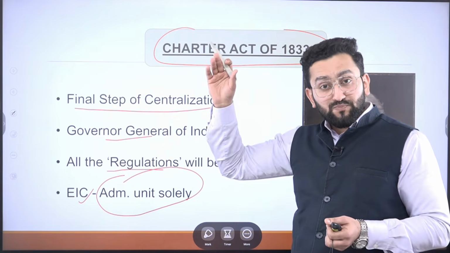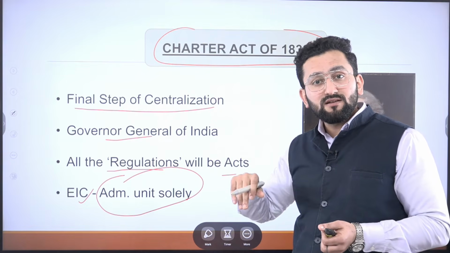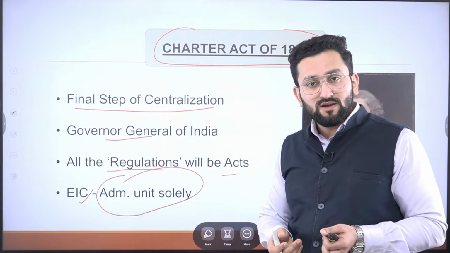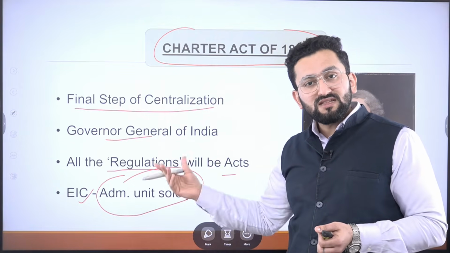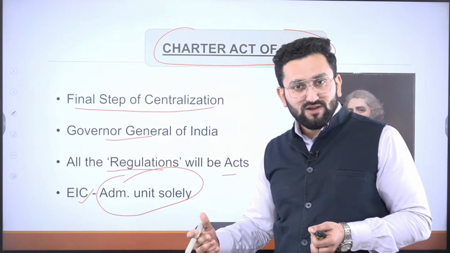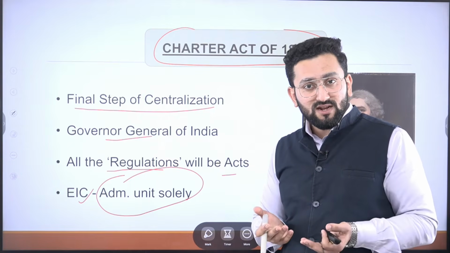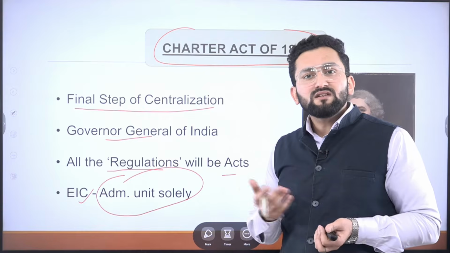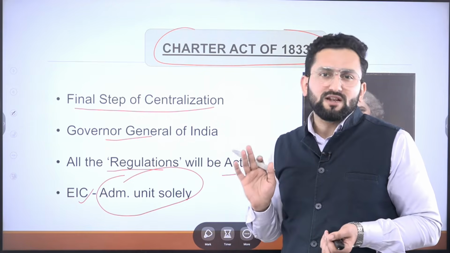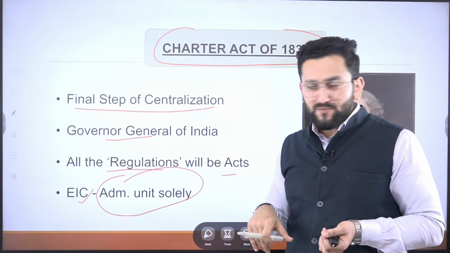Now the investors of the company who were sitting in Britain were like, what is going to happen with our profits? Then the British government said that since this administrative unit is responsible for collecting revenues and ensuring policies so that your revenues are streamlined, your profits will be secure. But now the mode of profit will be this.